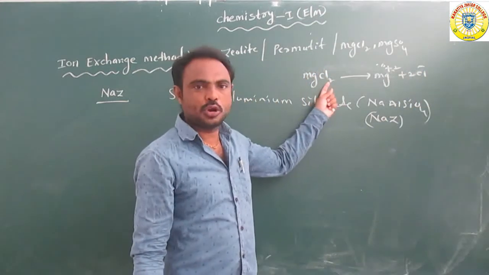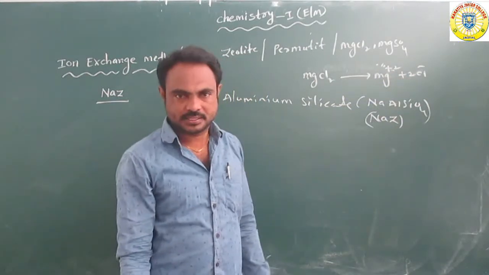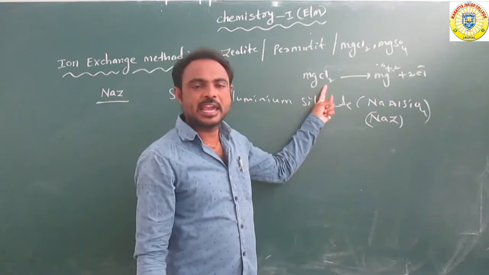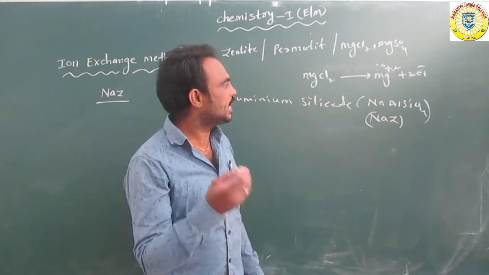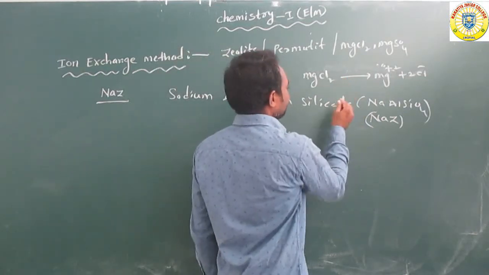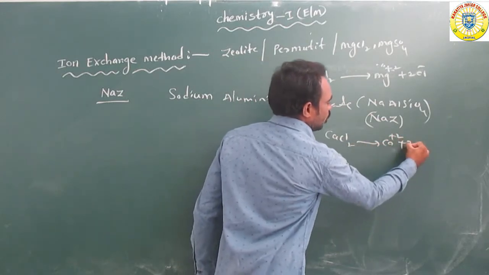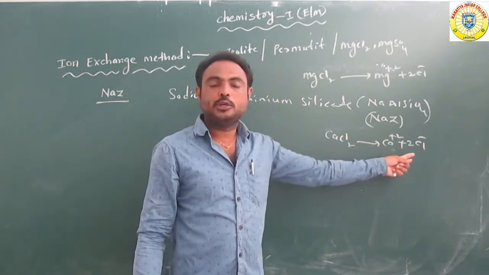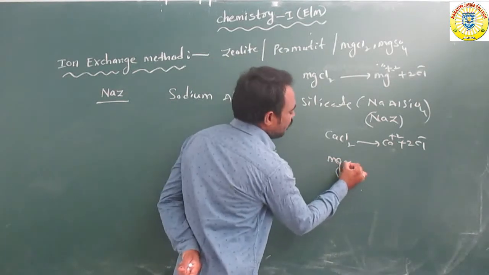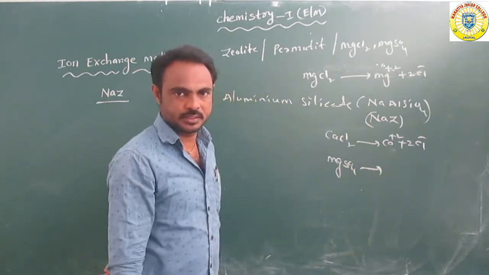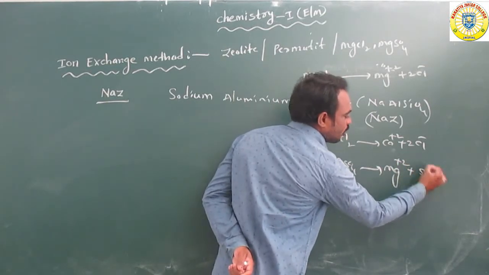Or calcium chloride, CaCl2, is converted to Ca plus 2 and 2Cl minus. Or MgSO4, magnesium sulfate, is converted to Mg plus 2 and SO4 minus 2.